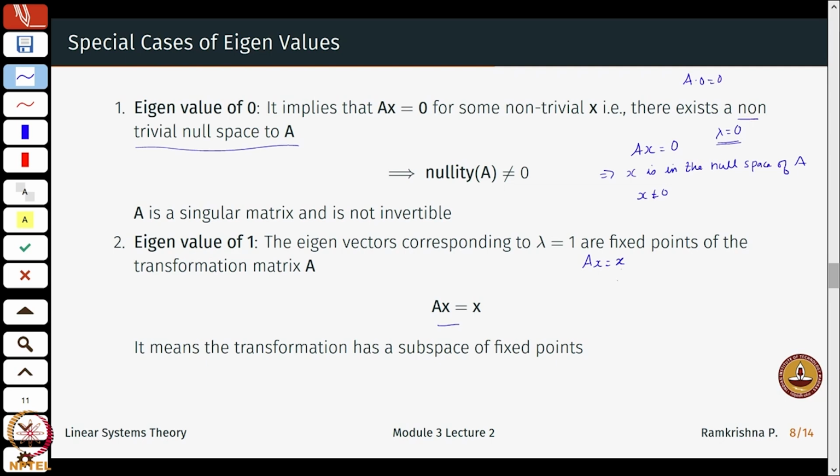What happens if I take the square of A applied to x? A of x is again x, and again A of x is again x. Similarly, A^n of x will still give you x, and therefore these are called the fixed points of the transformation. So, however many times I apply the transformation, I just remain at x.